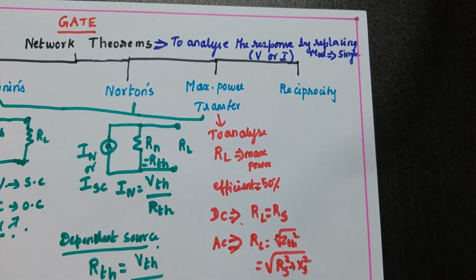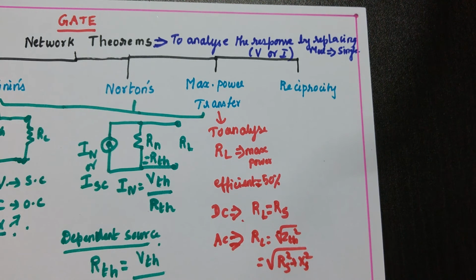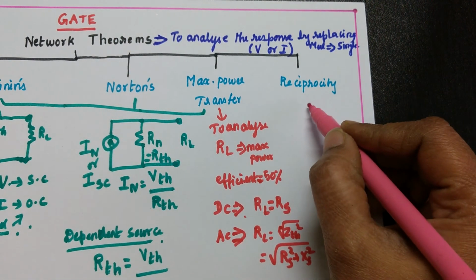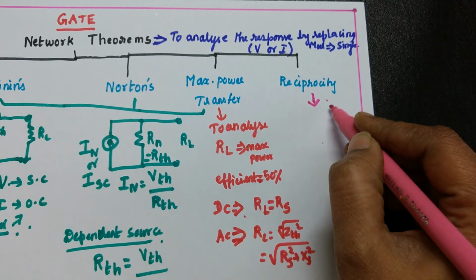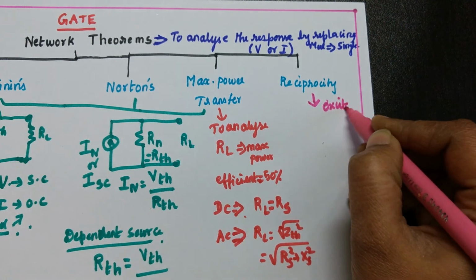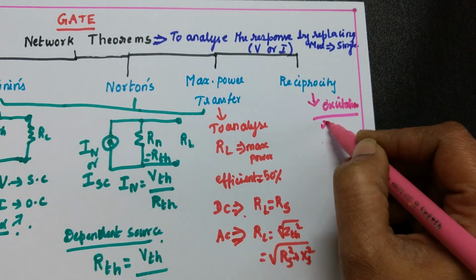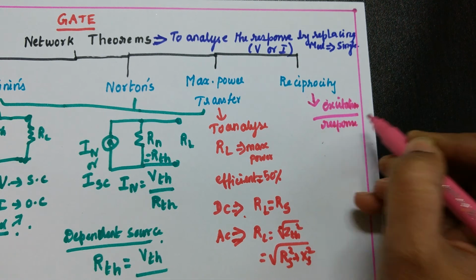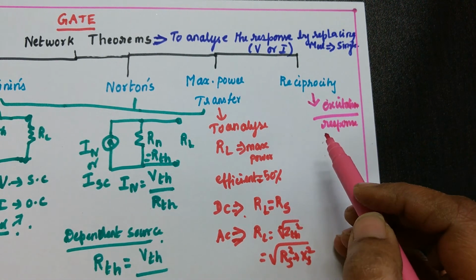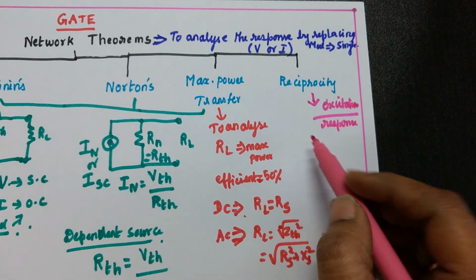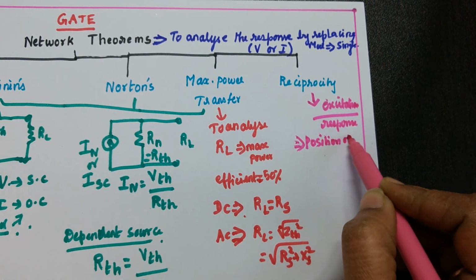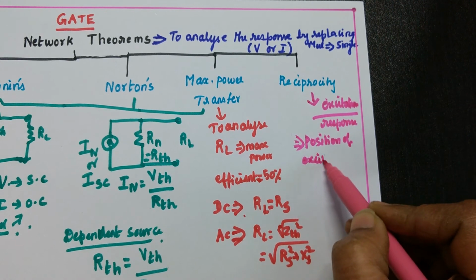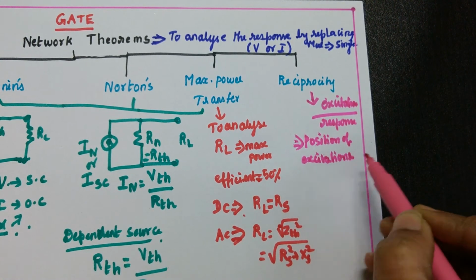So let me explain. This one is for the reciprocity theorem: the ratio of excitation to response is constant. That means the response will be equal even if the positions of the given source, that is, the excitation, and the response are interchanged.